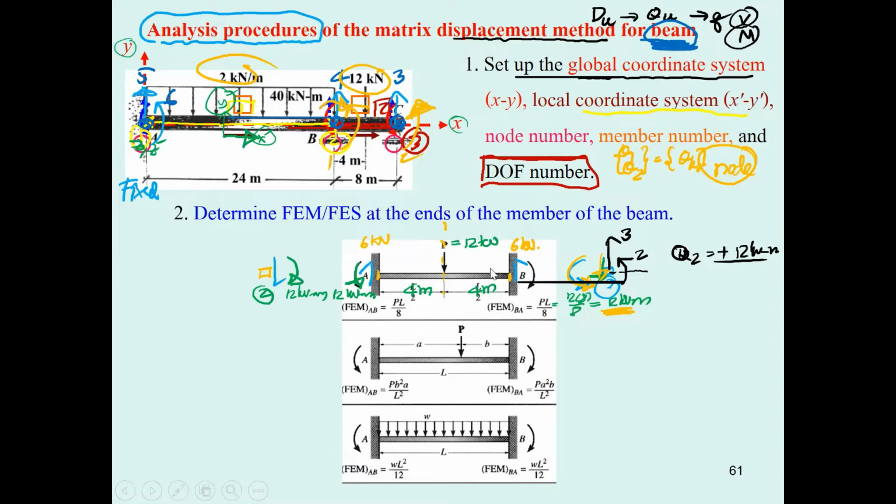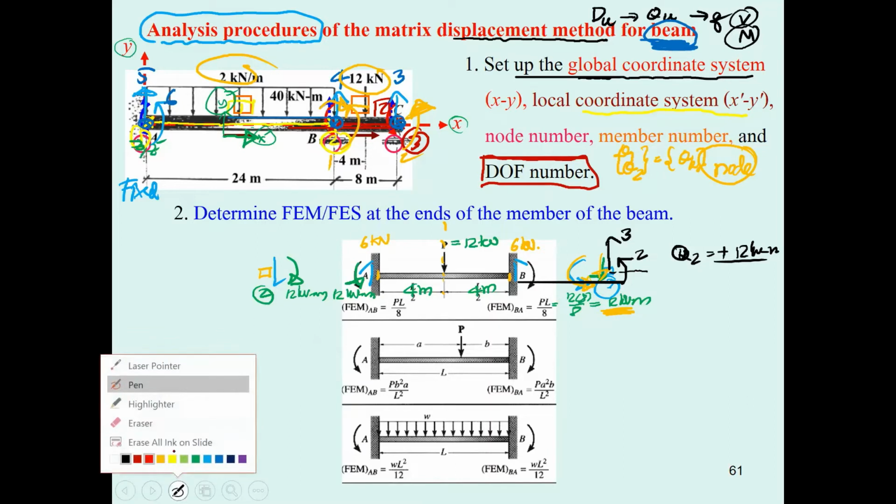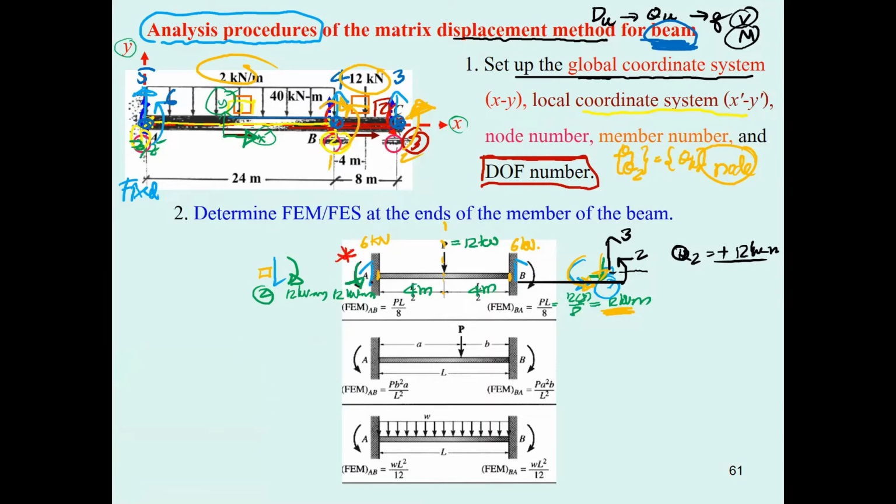Okay, but by this way, thinking about finding the fixed end moment, just follow the procedure. Usually in the previous year when we had the course book, I would ask you guys to remember the fixed end moment and fixed end shear for this one. This one is going to be wL over 2 because it is in symmetry.